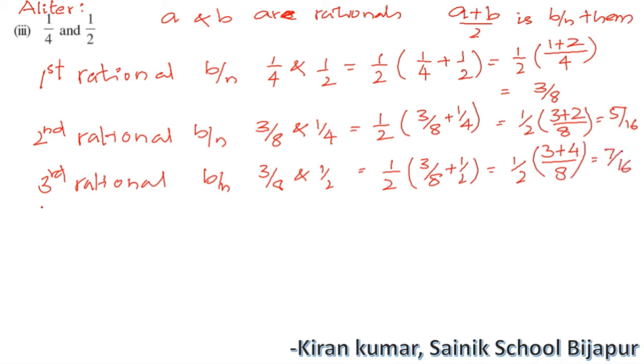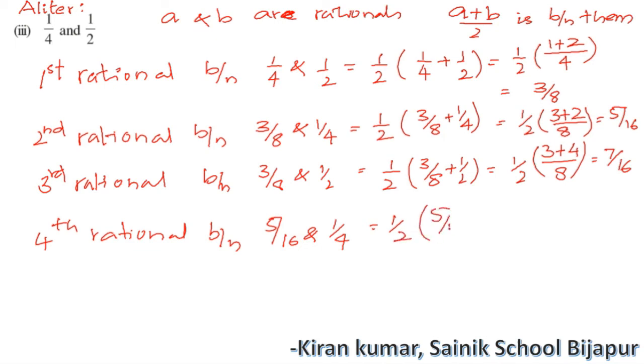Now I am going to find the fourth rational between 5 by 16 and 1 by 4. That is half of 5 by 16 plus 1 by 4. The LCM is 16. So 5 to be added to 4, we get 9 upon 32.